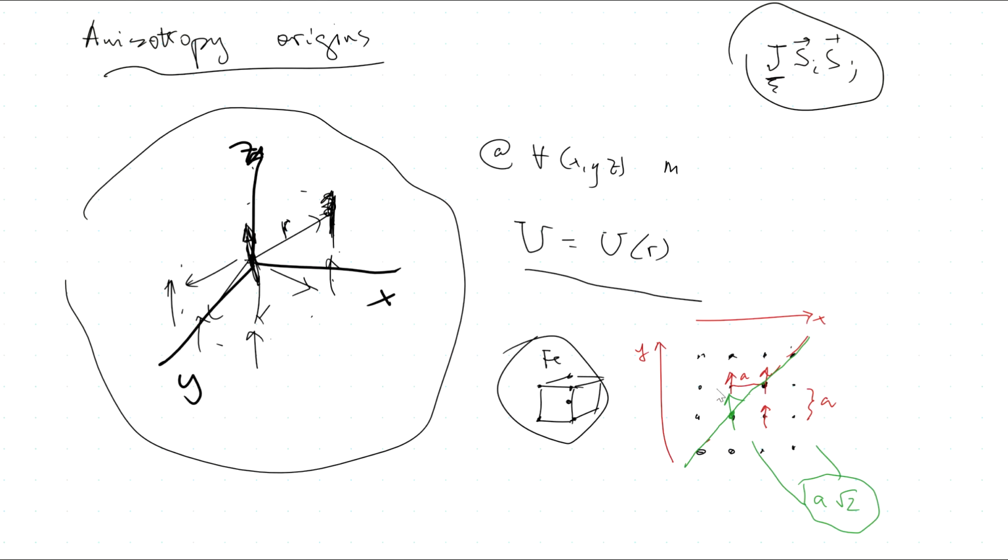If you take this direction along the x-axis in the crystal, then the distance R between atoms would be equal to A. But if you take the diagonal direction, then R would be equal to A square root of 2.